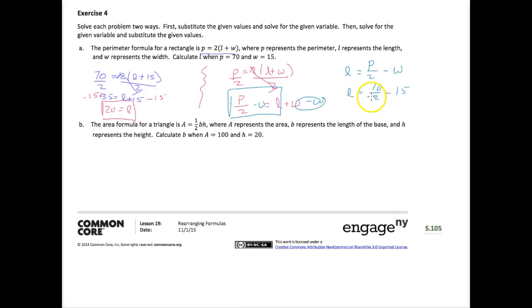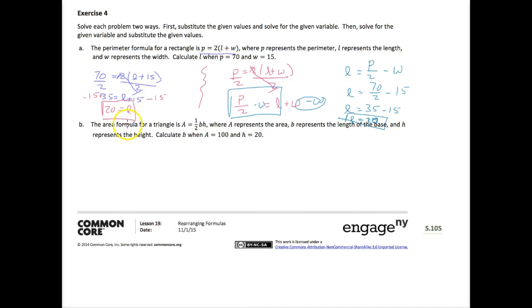And if you notice, suddenly we see half of 70 is 35. 35 minus 15. And here's our 35 minus 15. This equation turned out the same way. And so we get L is 20.